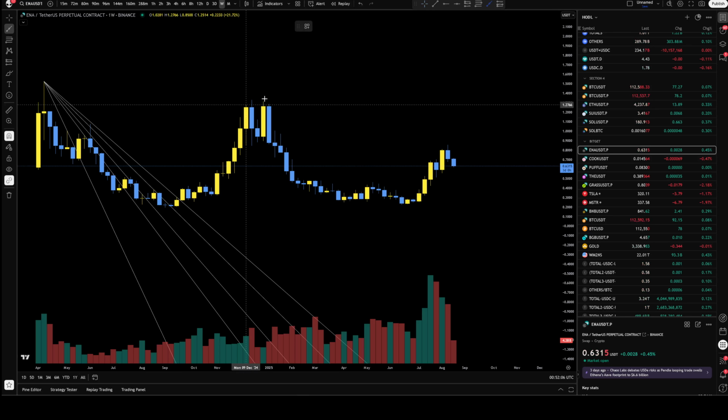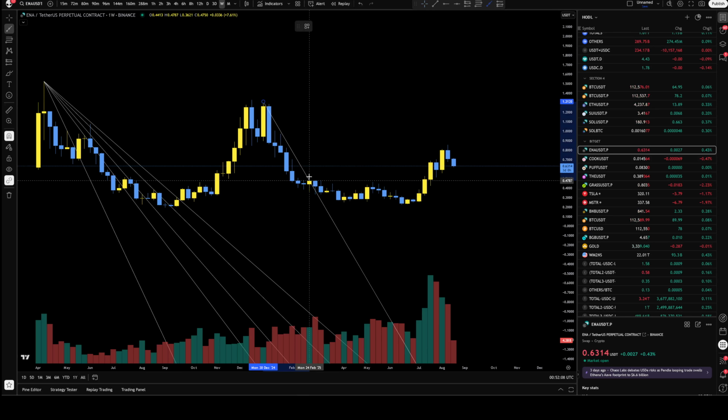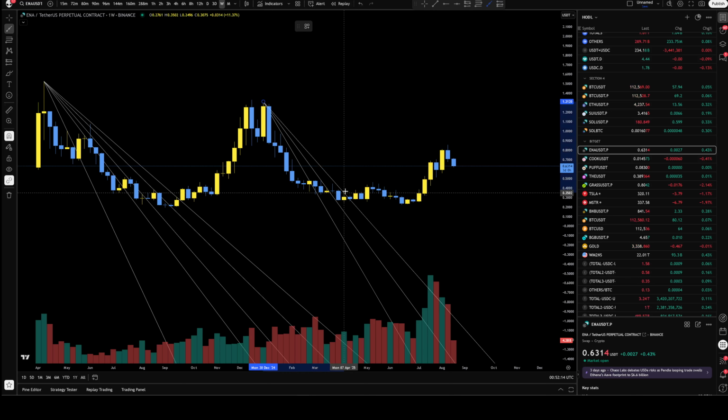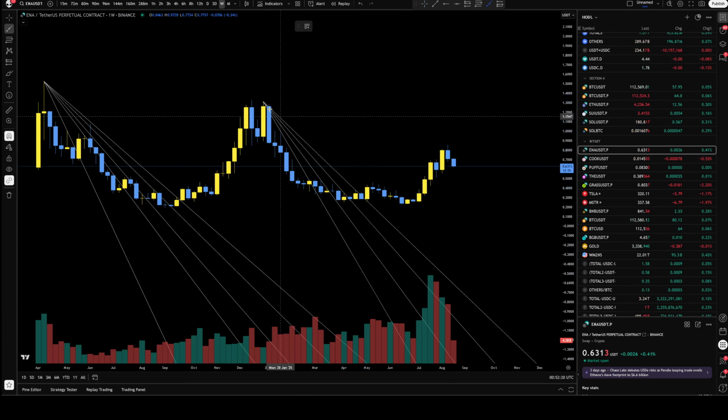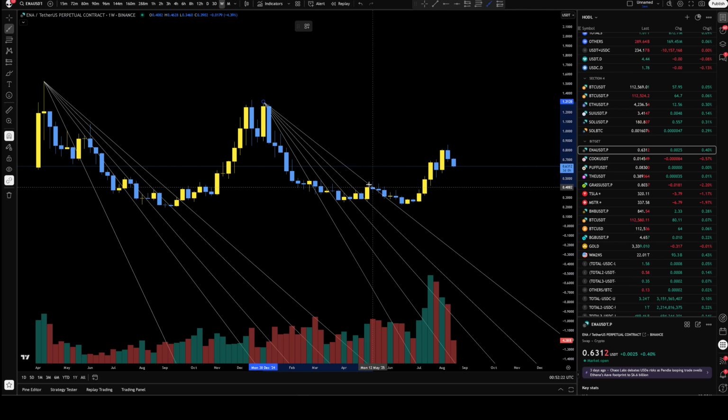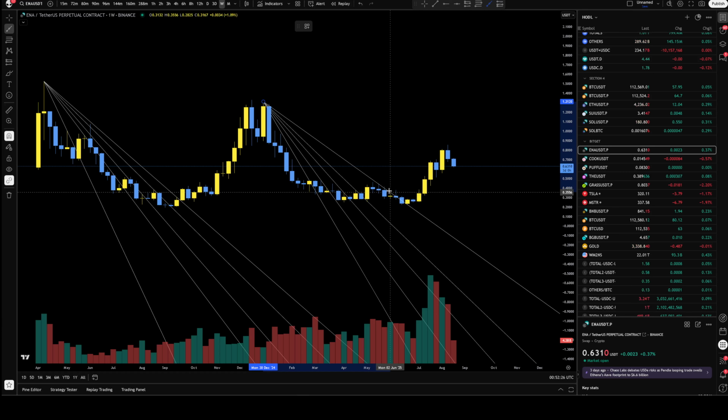What about the next cycle? 1, 2, 3, 4, touching on the corner, 5. There we go. That's the buy candle there.